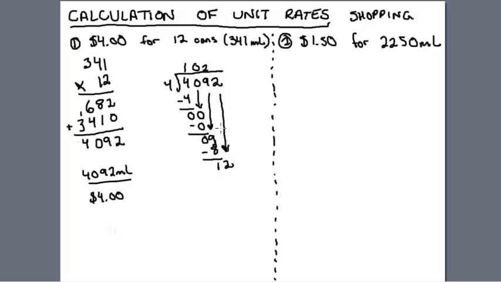And 4 goes into 12 3 times. Perfect. So that means we are getting 1,023 milliliters for every dollar.